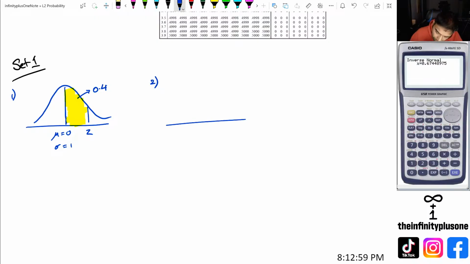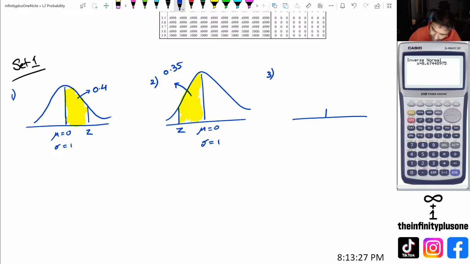Question 2. This is Z. And once again, I'm going to use only mean and standard deviation as 1. So we'll do 3 questions just to see how we go about it, right?